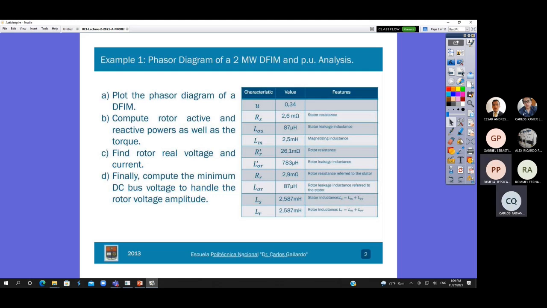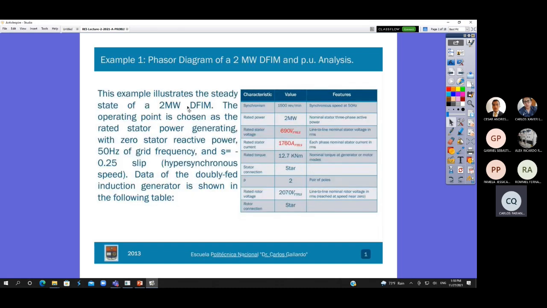Okay, thank you. So let's start the solution of this problem. I will have here a doubly fed induction machine. The rated power is 2 megawatts. For this problem, I will have two tables. In this case, the synchronous speed is 50 Hertz.